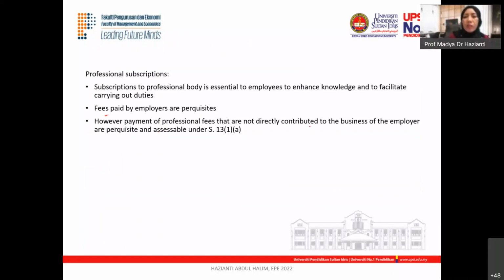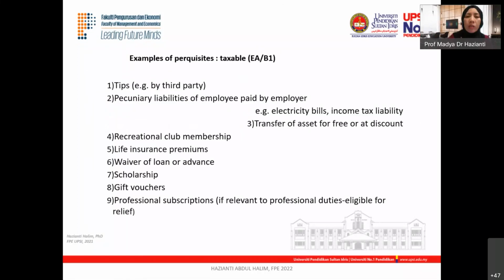However, payment of professional fees that are not directly contributable to the business of the employer are perquisites and assessable under section 13(1)(a). If it is directly related, you don't need to pay, it's not taxable. But if the company pays a professional fee that is not for the company's purpose, say I have a professional certificate for diving, and UPSI also pays that membership, that is not allowed. That is taxable because it has nothing to do with my work, a diving certificate.